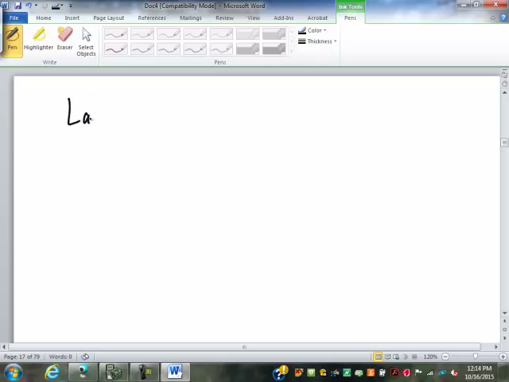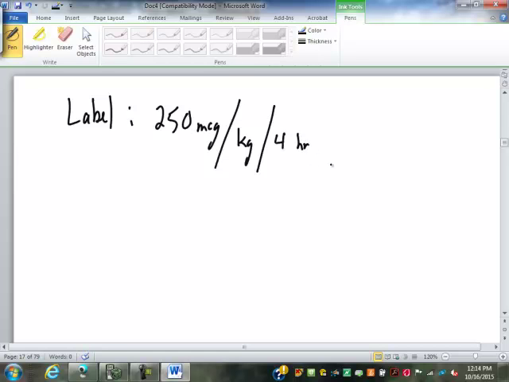So in your notes, if the label reads 250 micrograms per kilogram per 4 hours, for a patient who weighs 99 pounds, find the dosage.